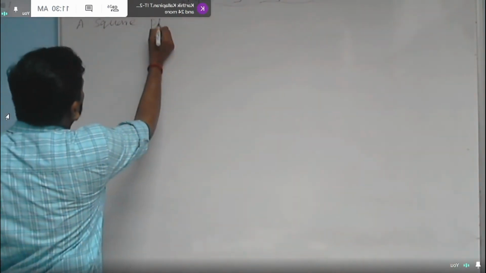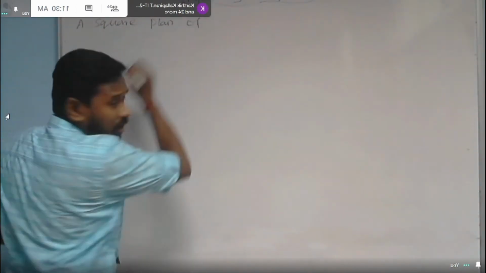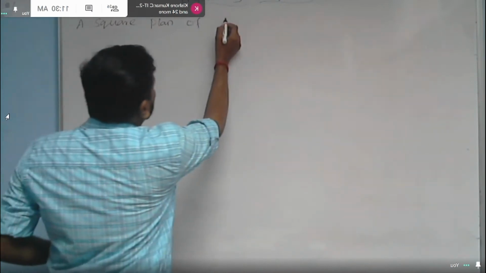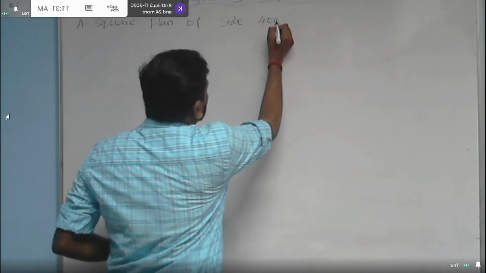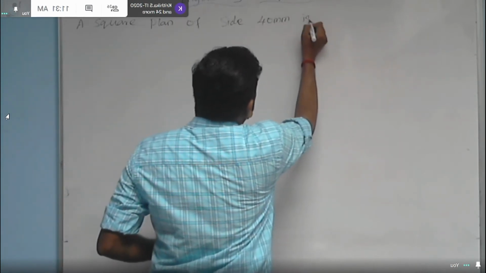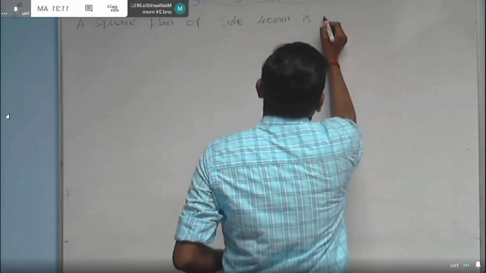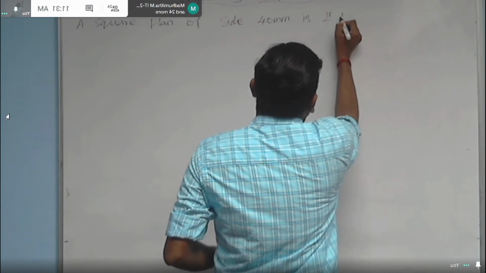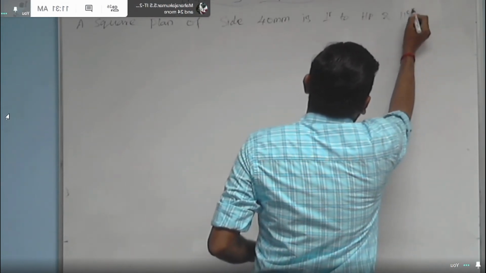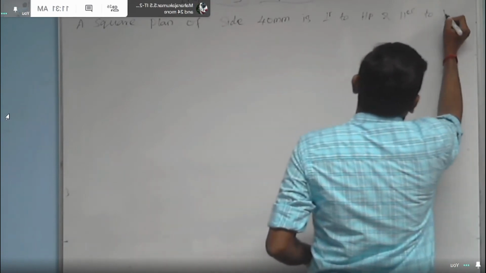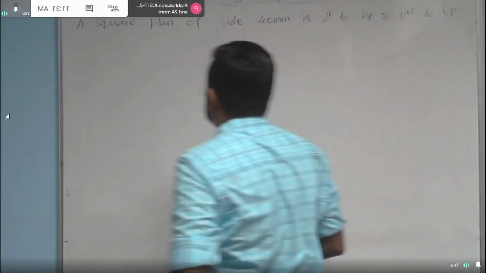A square plane of side 40 mm is perpendicular to HP and parallel to VP.